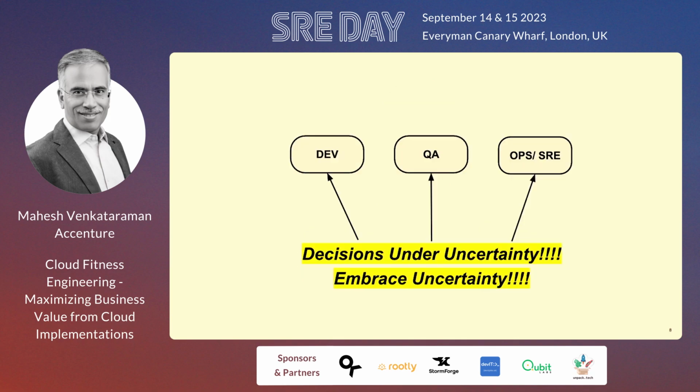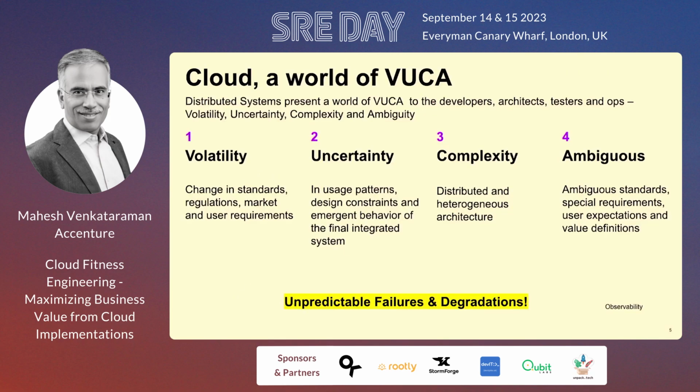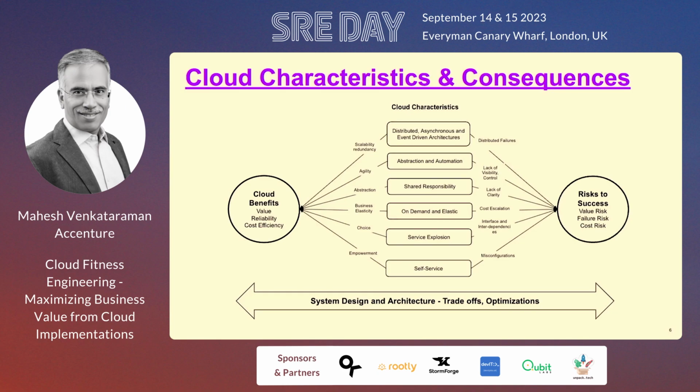Now, why so? Because the very characteristics of cloud that give cloud business benefit also give rise to risks. Scalability comes because it is distributed and asynchronous, but the same reason gives rise to distributed failures.